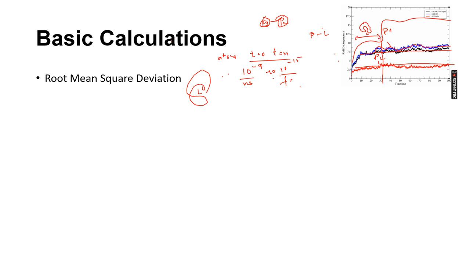All of a sudden at this point the protein has opened up and the ligand has gone in. Because of this sudden change in conformation of the protein, we can observe this difference in the RMSD. I hope you are able to understand the point.